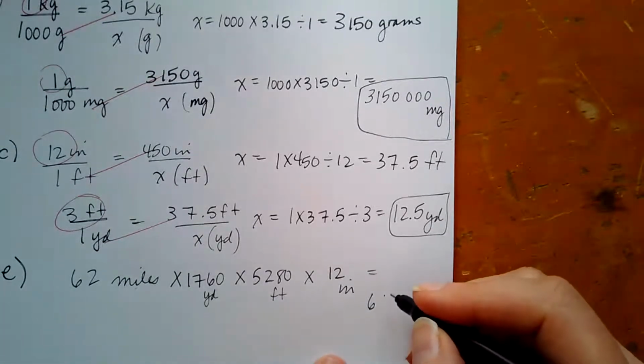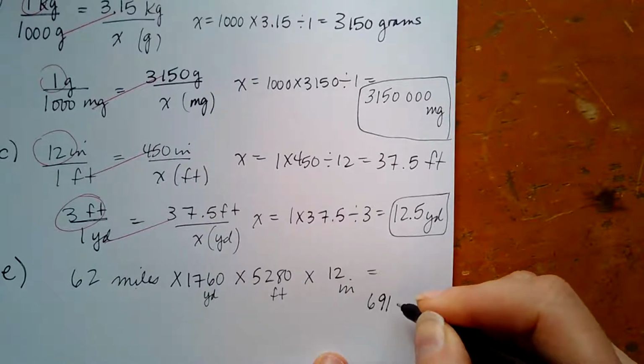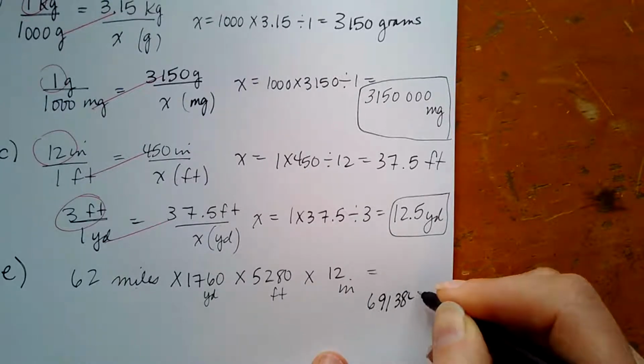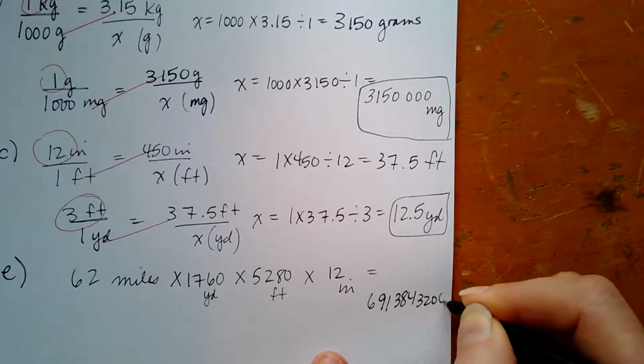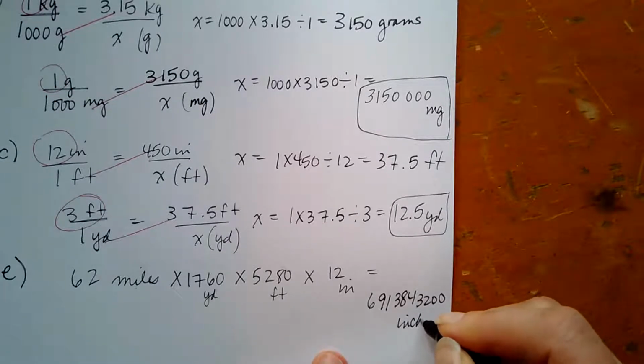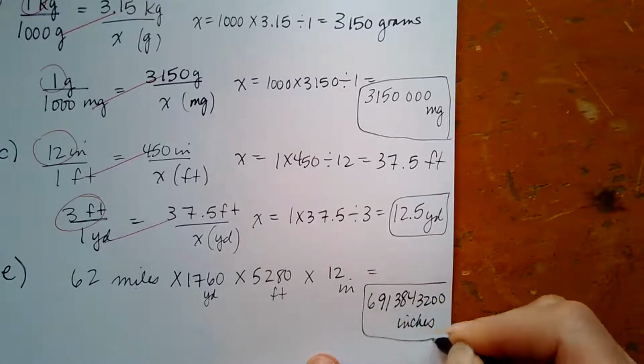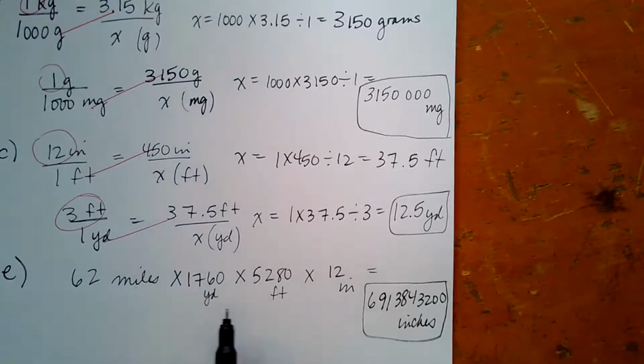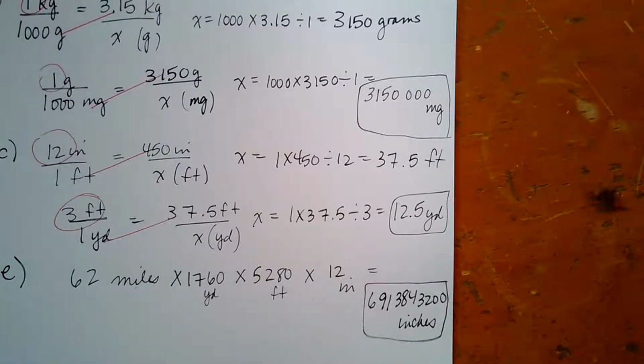Okay, 691,384,3200 inches. This would have been too tedious to do with all these conversions using the cross multiply method, so I thought I would do it the quick way.